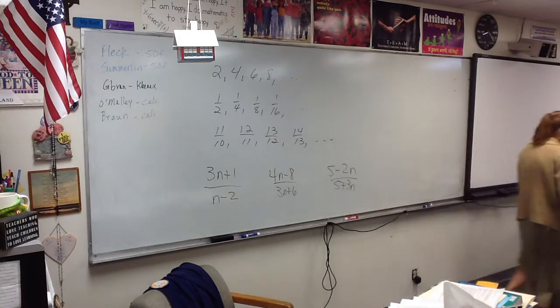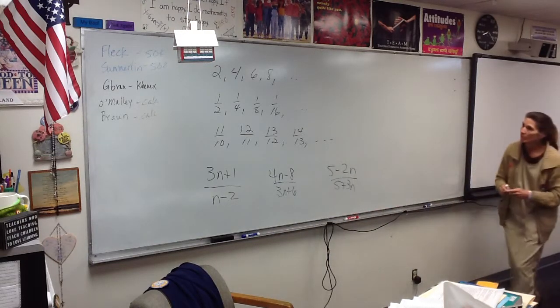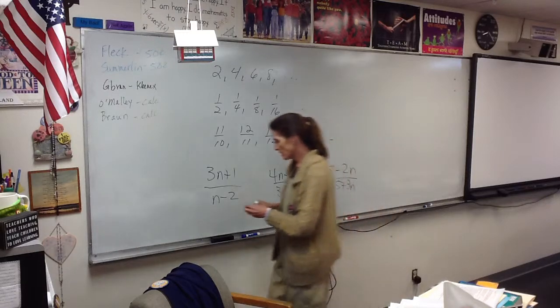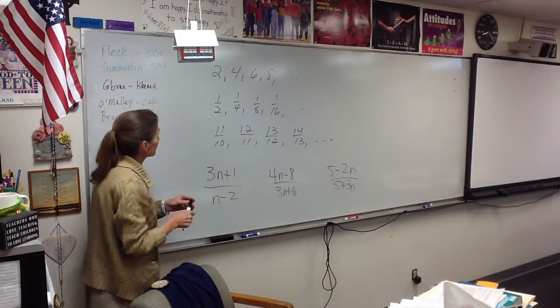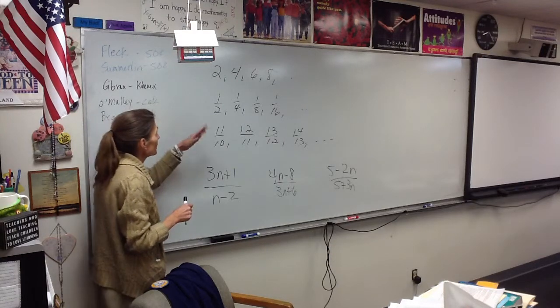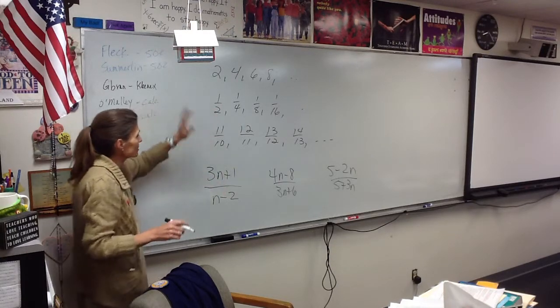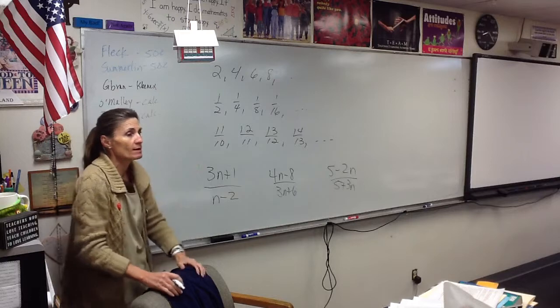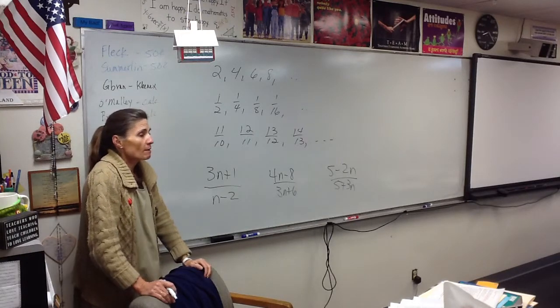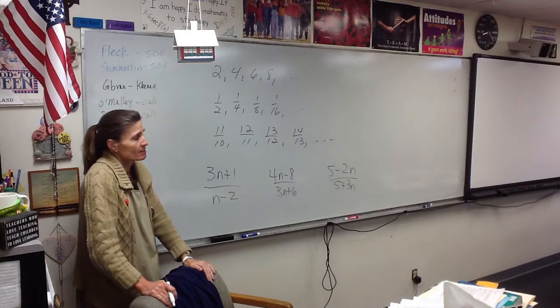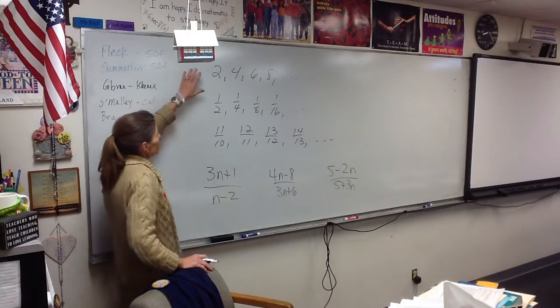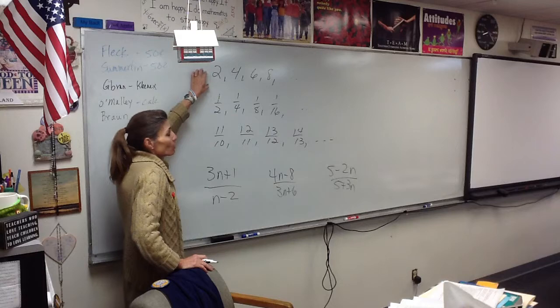All right, so I want to look at these 2 sequences right here. They're kind of similarly related. They're not exactly the same, but you definitely see the pattern in both of them, right? I want to talk about their end behavior, though. What ultimately happens to these sequences? What's going on with these numbers?